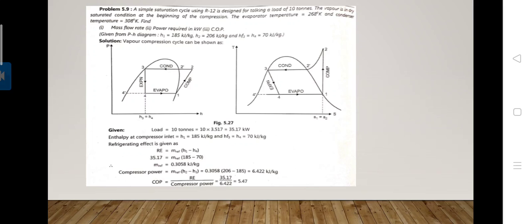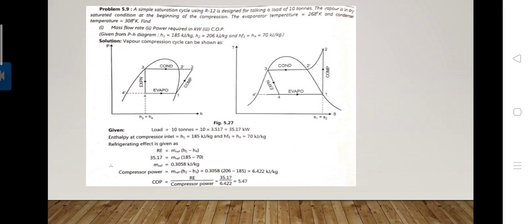Here we can see there is a constant enthalpy. So due to the reduction in pressure it gets converted to saturated vapor, which can enter the suction line of compressor. Here we can see H3 is equal to H4. That's why enthalpy is constant.